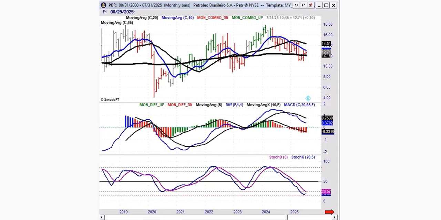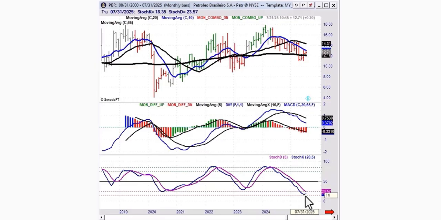But what was interesting about this price chart, this is PBR, this is my MACD page, but essentially what I'm looking at is the stochastic here on the bottom. And this is somewhat of a unique setting for the stochastic, a 25.5. I use this for essentially long-term trend analysis.